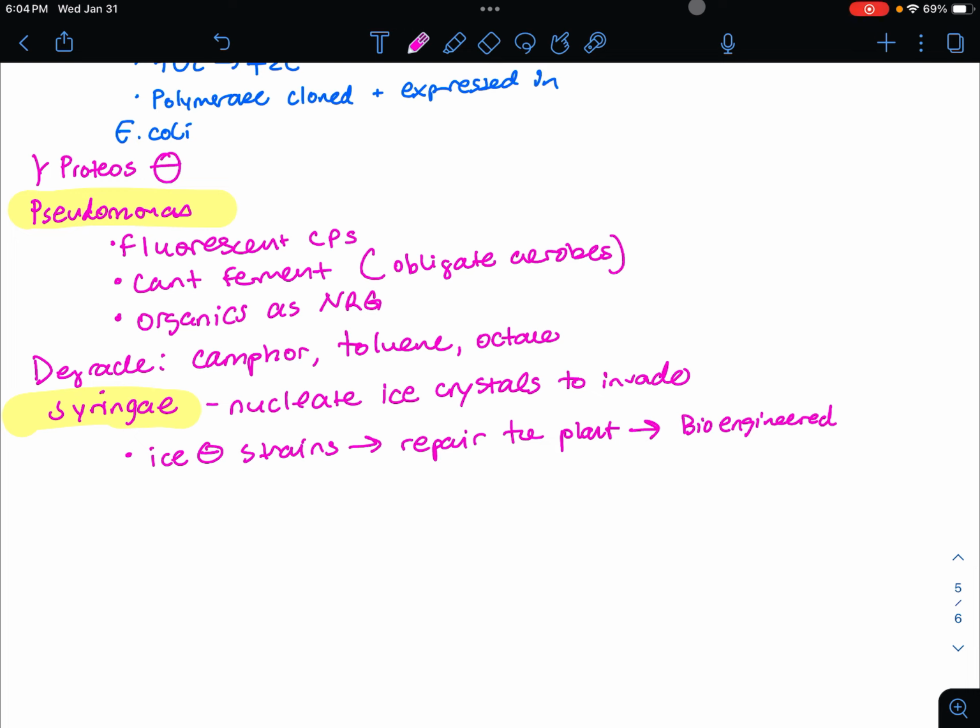All right, the next gamma proteobacteria would be the E. coli. This is another famous one. E. coli, again, are bacilli. They're going to be in the intestines. They're the most extensively studied organism. They're going to be also members of the Enterobacteriaceae.